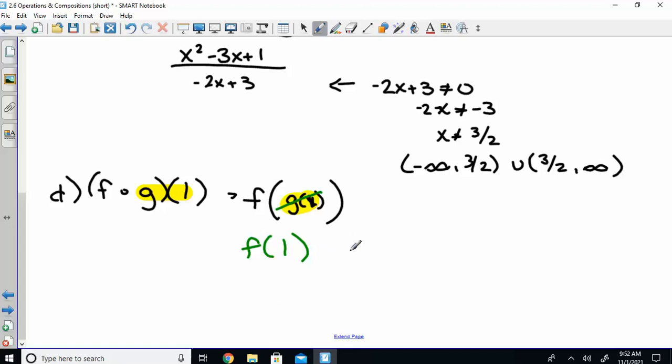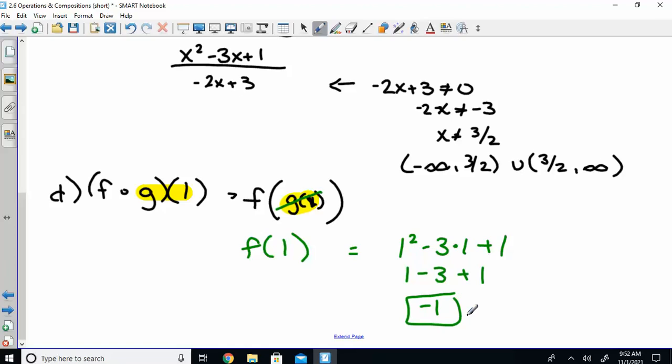And now that says you go to f and you plug a 1 in for your x. So you get 1 minus 3 plus 1, which gives us negative 1. So compositions, you have to do the inside one first, get your answer, and then plug that into the next one. You start on the inside, work your way out.